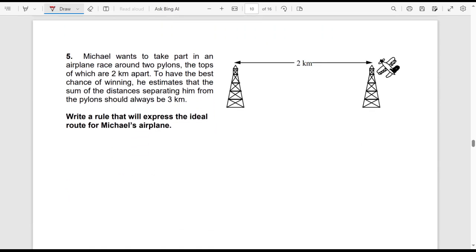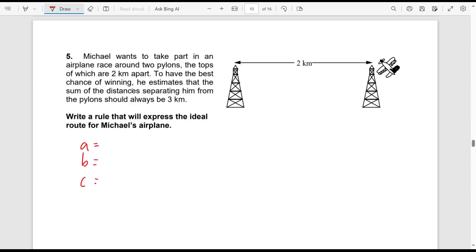So this one is a bit difficult, okay? And just in terms of the way that we want to think about it and approach it. So Michael wants to take part in an airplane race around 2 pylons, the tops of which are 2 kilometers apart. So right now I'm going to write A, B, C, okay?